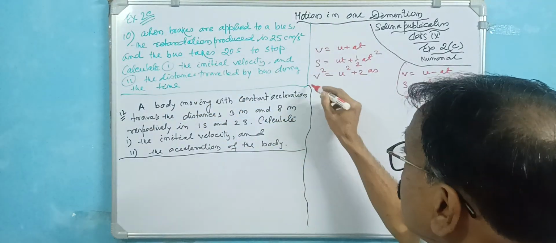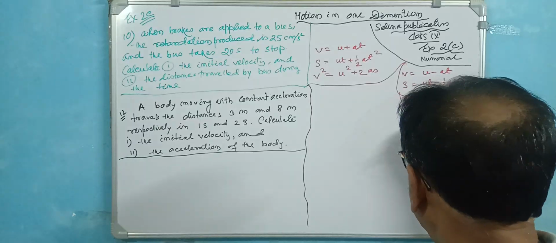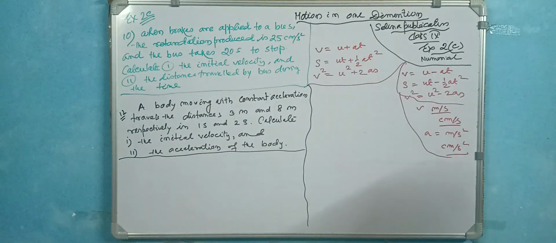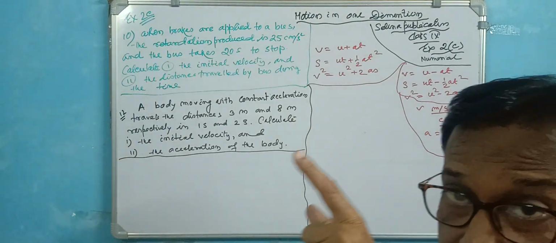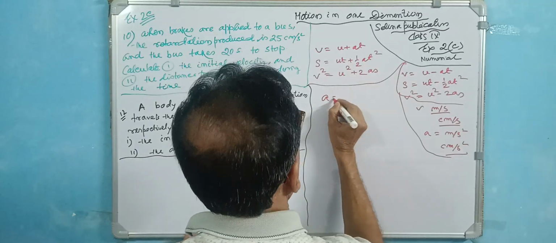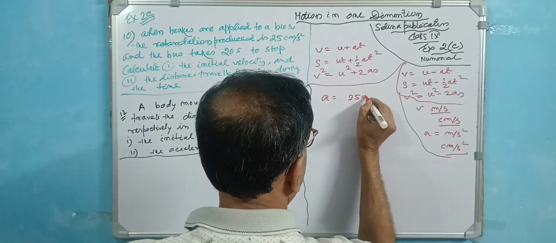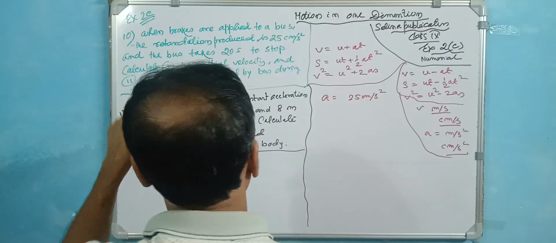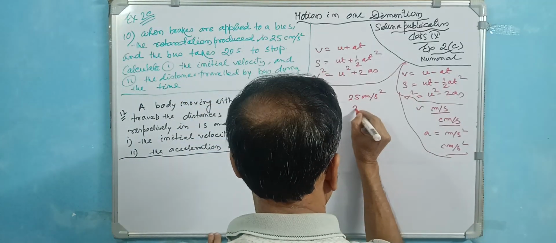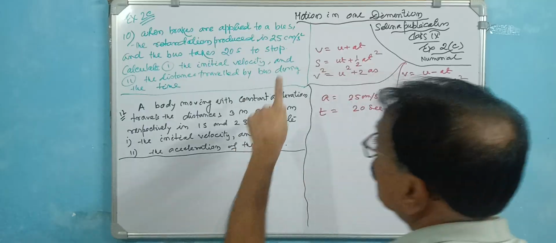Now let's start today's two sums. When brakes are applied to a bus, that means the retardation occurs. The retardation produced is A is 25 centimeter per second square. It's the given data. And the bus takes 20 seconds to stop.